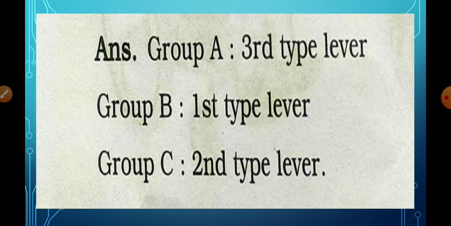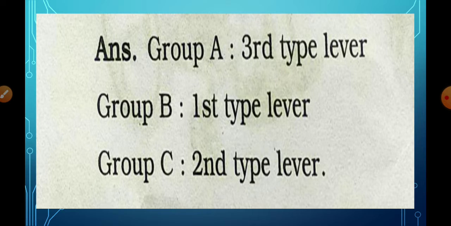Answer: group A, third type lever. In the third type lever, the effort is in the center, with the fulcrum on one side and the load on the other side. Group B, first type lever. In the first type lever, the fulcrum is in the center, load on one side, effort on the other side. Group C, second type lever.